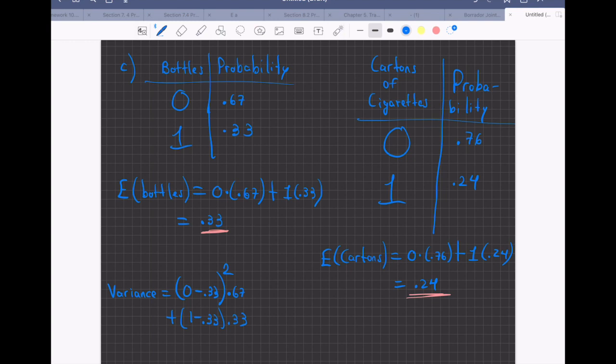And if you do this, you will realize that this is equal to 0.2211. Let me verify the answer.